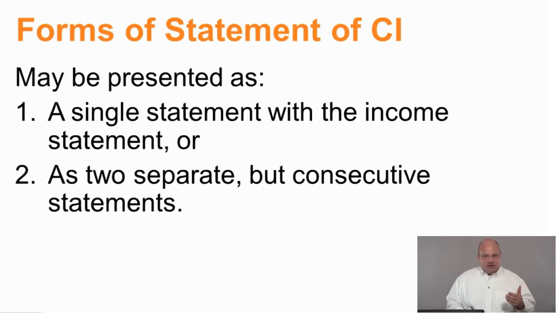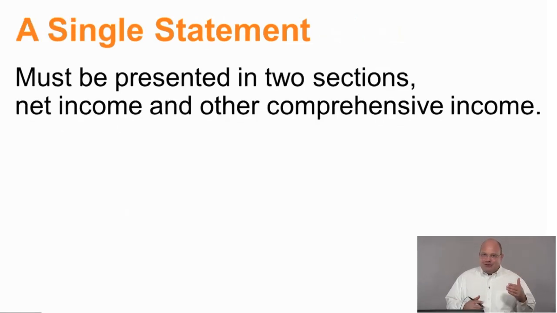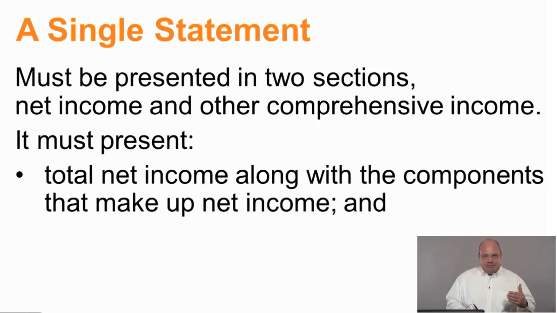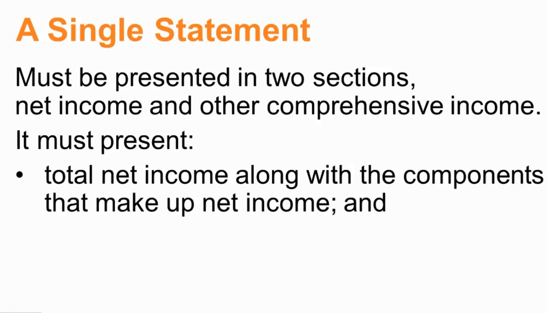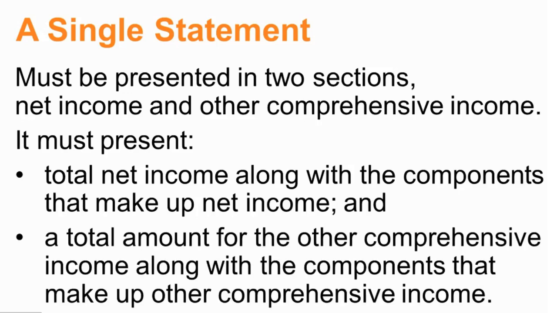If it's a single statement, the single statement needs to be presented in two sections, net income and other comprehensive income. It needs to present total net income along with the components that make up net income, and then it needs to present a total amount for the other comprehensive income along with the components that make it up.